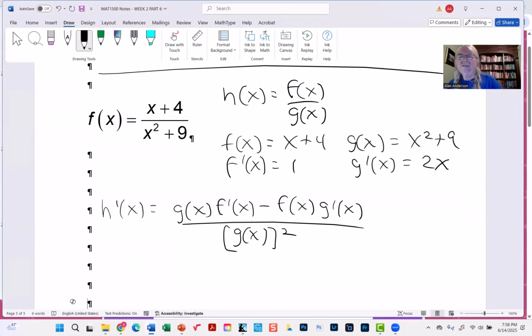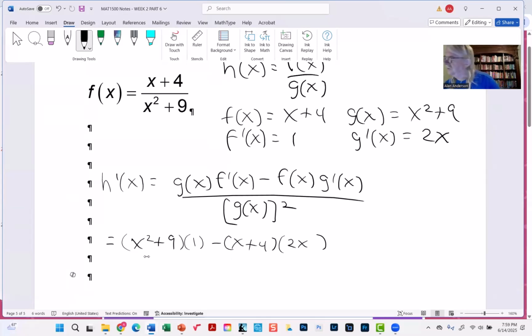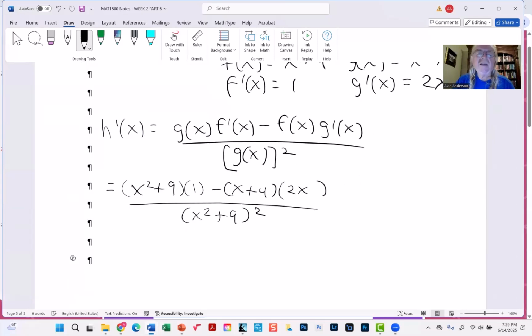Okay. So, all right, let's do some substitution. And then we have to divide by x squared plus 9 squared. Okay. So we'll simplify it as much as we can.